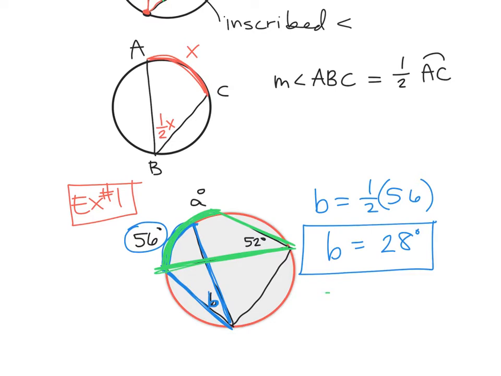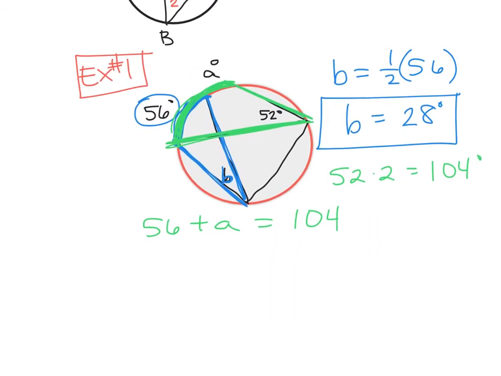If you double the 52, you get 104 degrees for that intercepted arc. So we know that 56 plus A equals that 104. Then it's just a matter of taking away the 56, and you get A is, what does that come out to?